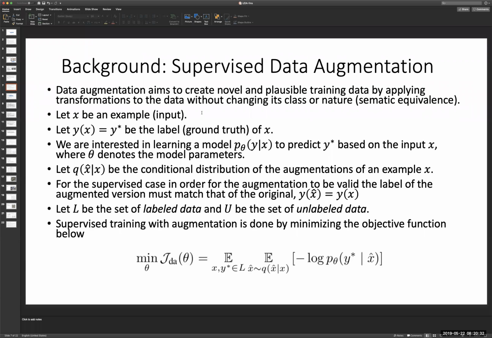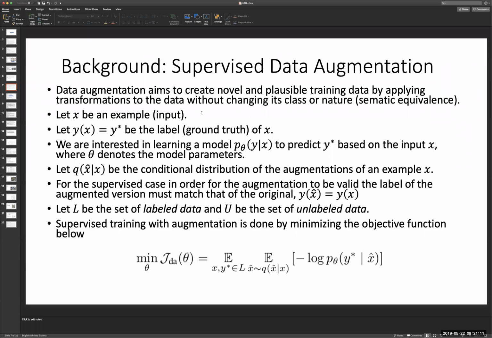And we're interested in learning a model, p theta y given x, to predict y star based on the input x, where theta denotes the model parameters. So this is a notation of a conditional probability density. But the realization of that conditional probability density is going to be a deep neural network, or some variants of that.